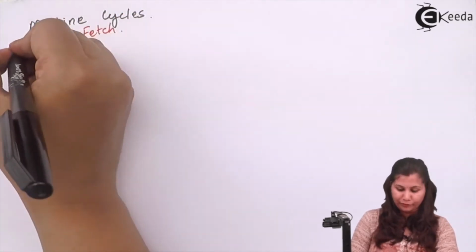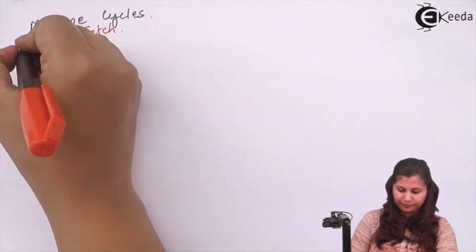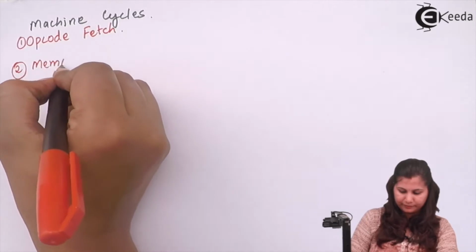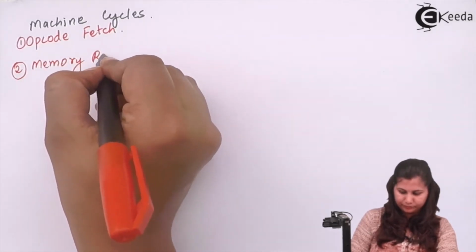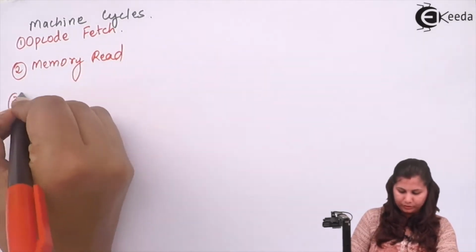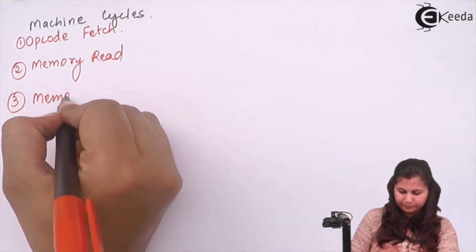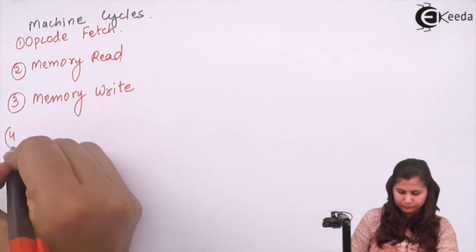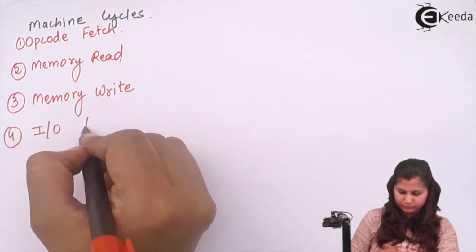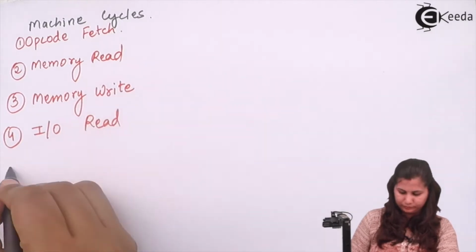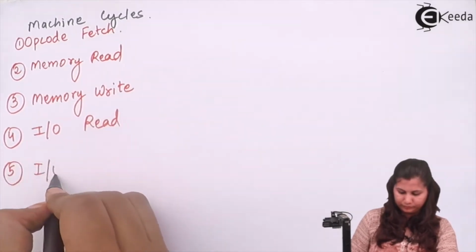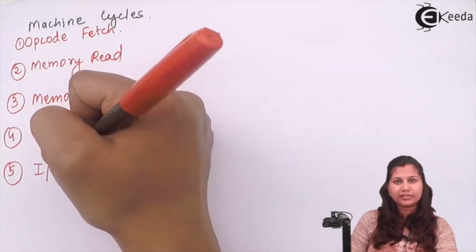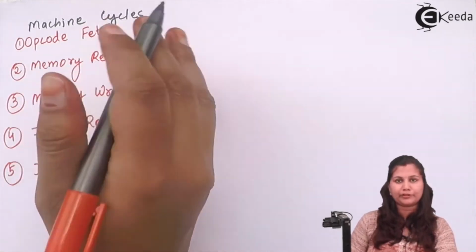First is opcode fetch, second is memory read, third memory write, so there are 5 machine cycles, or we can say 5 operations performed by the microprocessor.